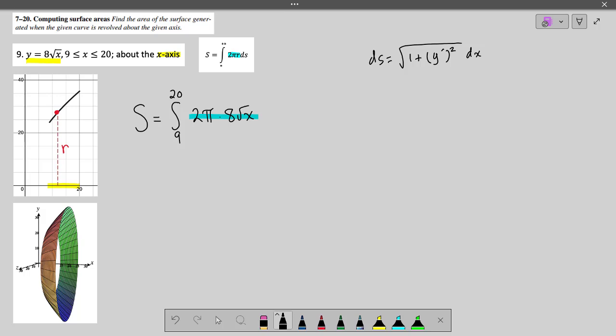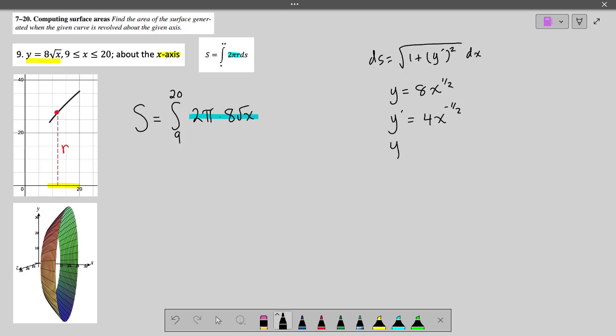All right, so we need the derivative of our function. So we have y equals 8 times x to the 1/2. So the derivative of this function is going to be 4x to the negative 1/2. Bring down the power, subtract 1.